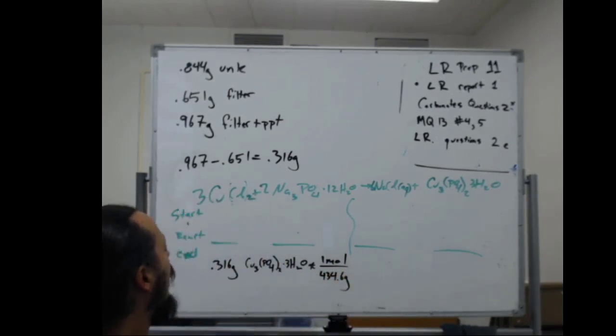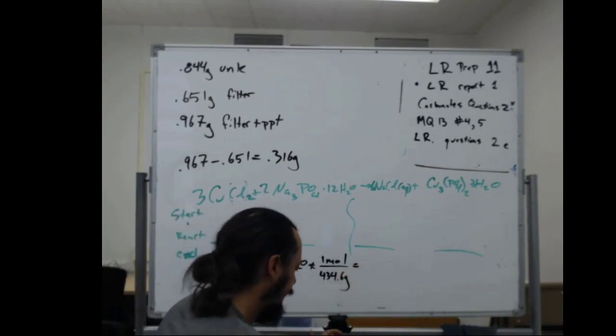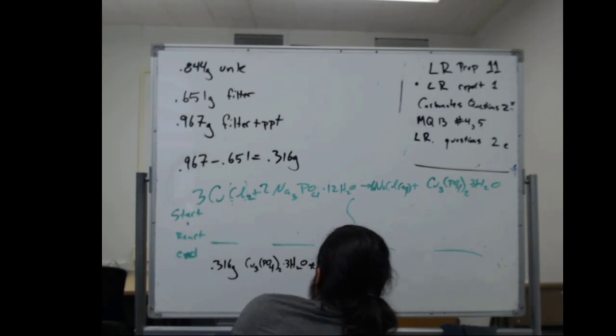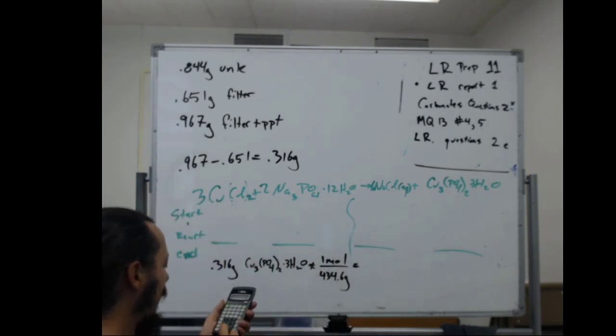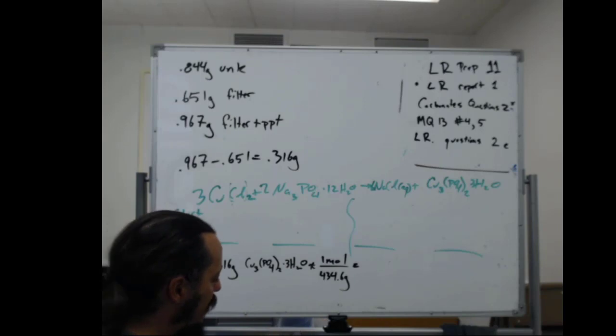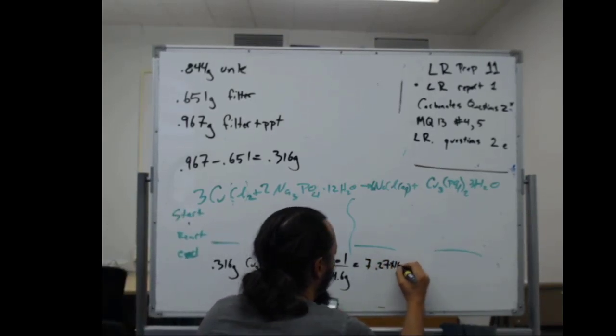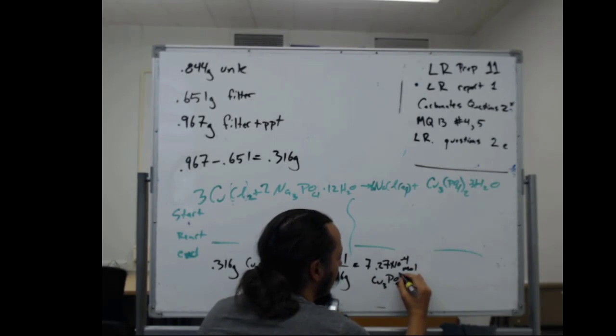This will get rid of the grams of copper phosphate trihydrate and just give me the moles, which I can already tell is going to be a small number. I'm going to switch it to scientific notation. It's so small. 7.27 times 10 to the minus 4 moles copper phosphate trihydrate.